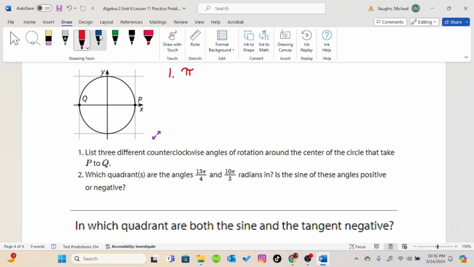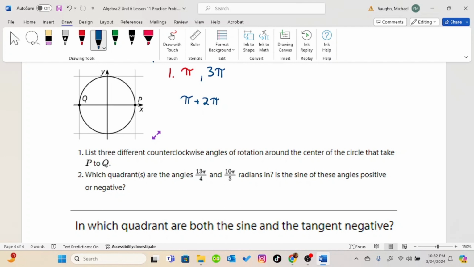Now next, I could take pi and add 2 pi because I'm going to go a full rotation, and that would give me 3 pi.